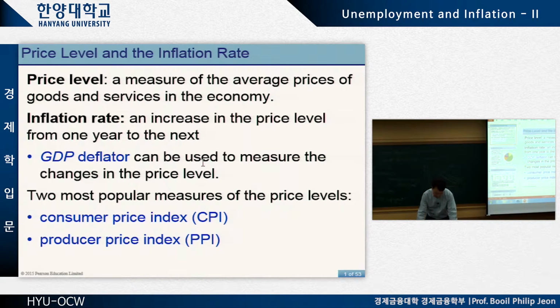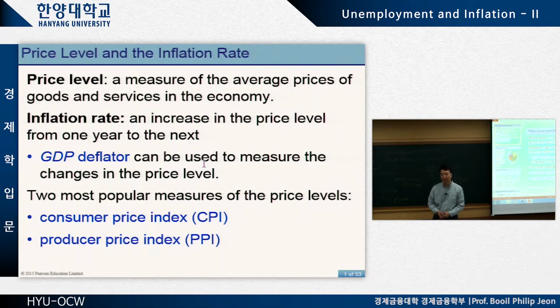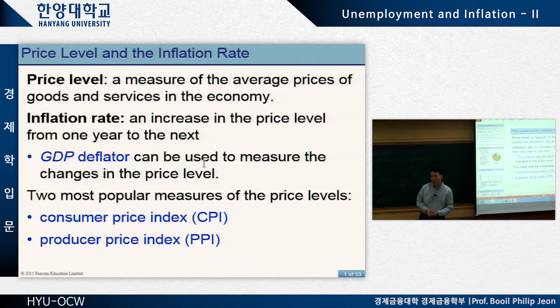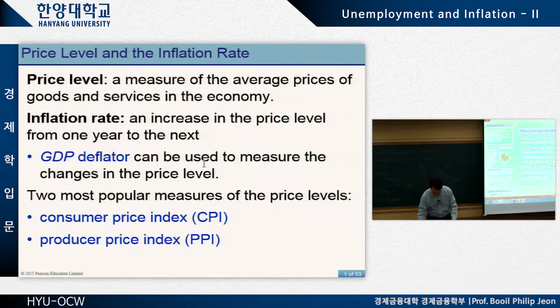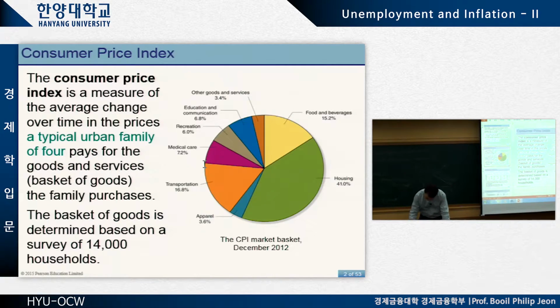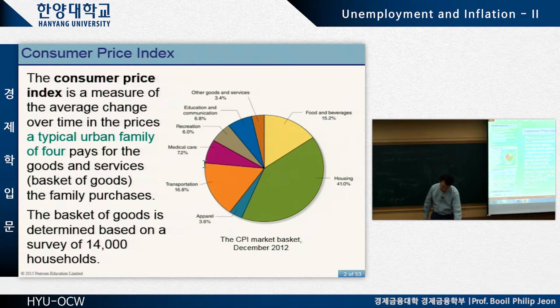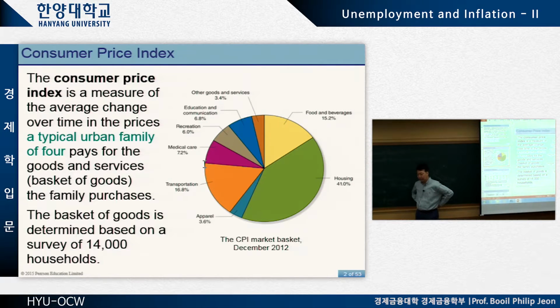In addition to GDP deflator, we can use CPI and PPI, Consumer Price Index and Producer Price Index, to calculate the inflation rate. Those two, CPI and PPI, are the two most popular price indices.